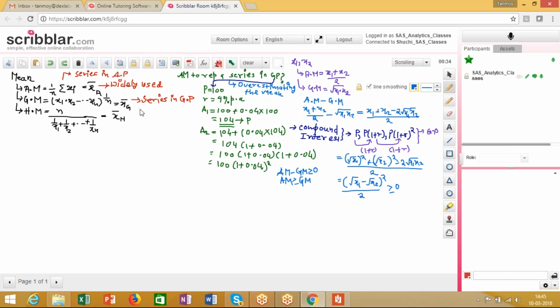One limitation that we have over here is that if any xi, so for any ith observation, is equal to 0, then the entire geometric mean is 0.